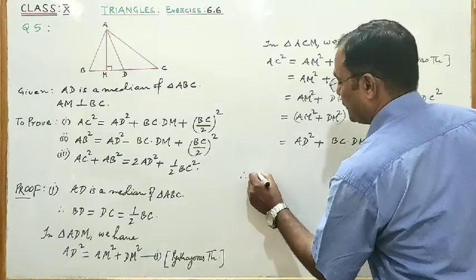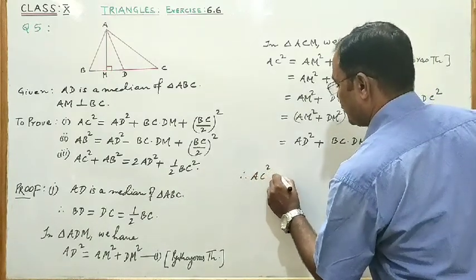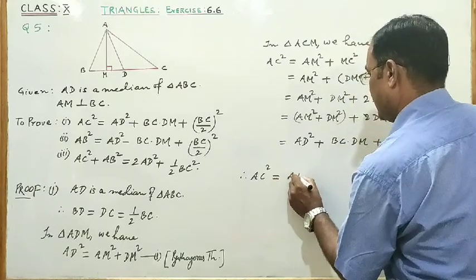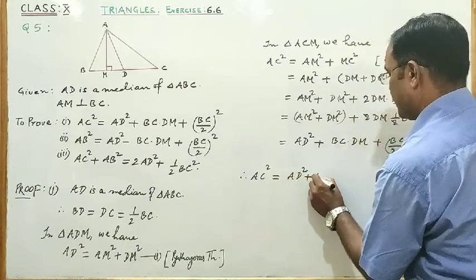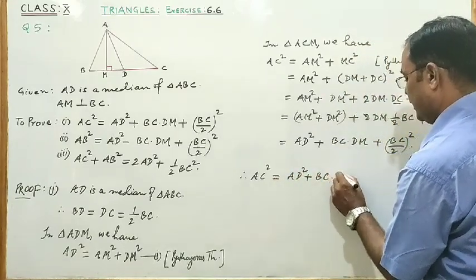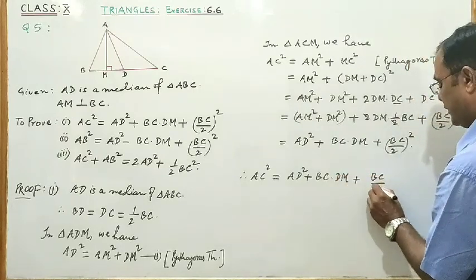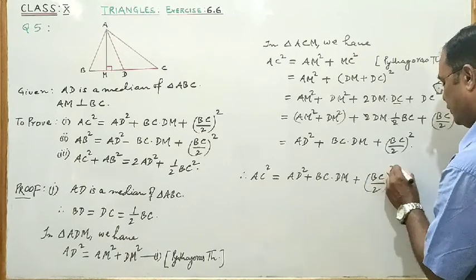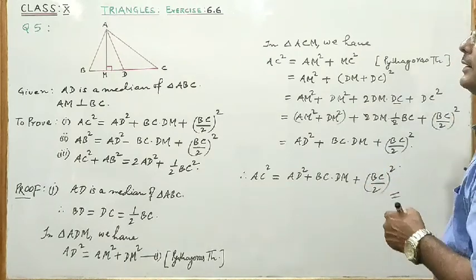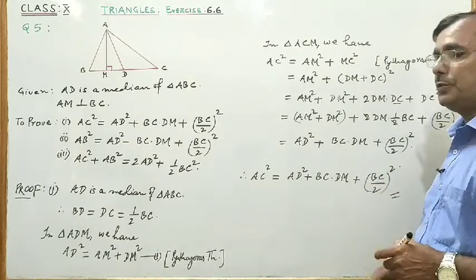So therefore AC square is equal to AD square plus BC into DM plus BC by 2 whole square, and this is first part which we have proved.